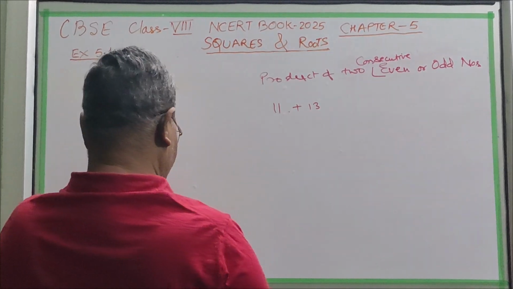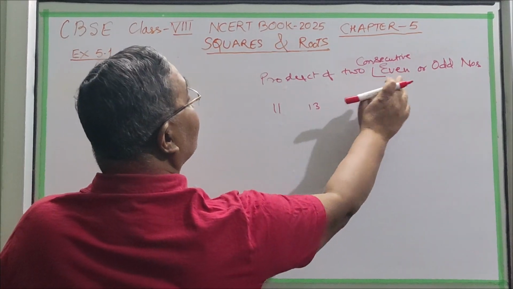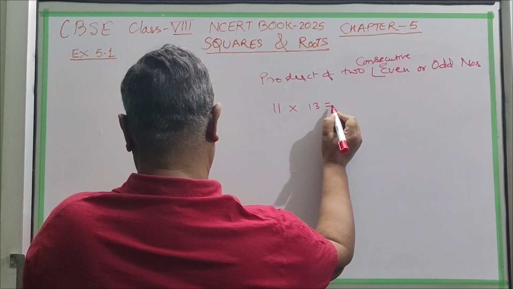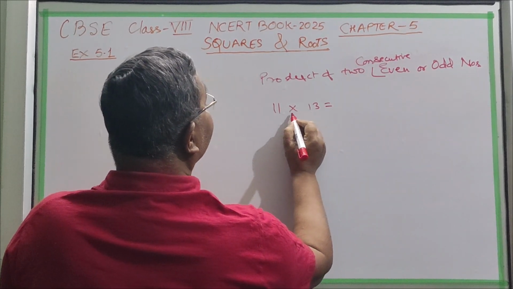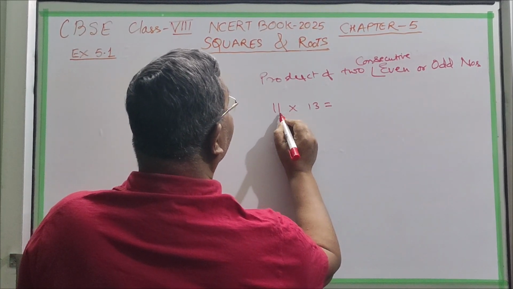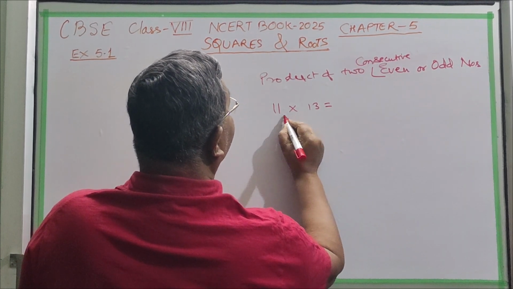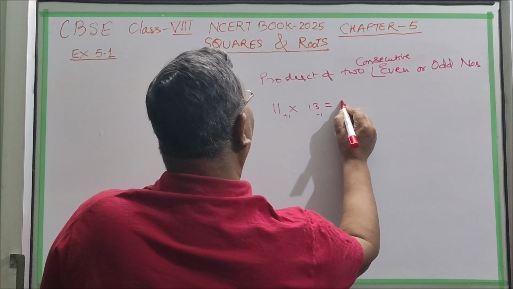The product of two consecutive odd numbers, 11 into 13, will always be equal to the square of the number in the middle, minus 1. Either you add 1 or subtract 1, it will always be equal.